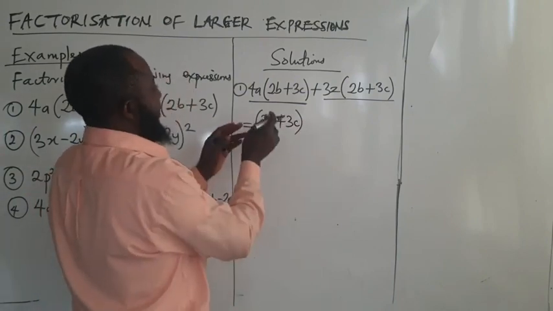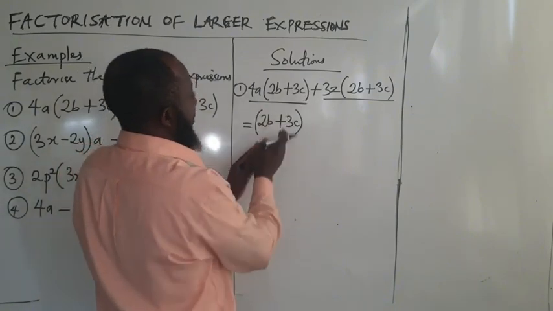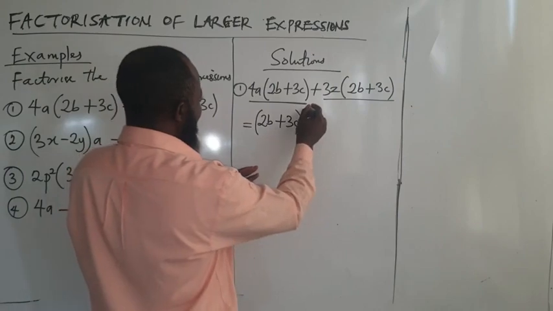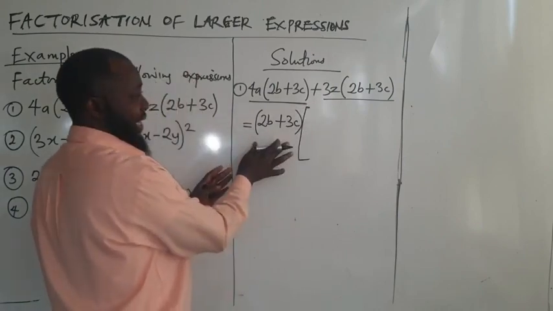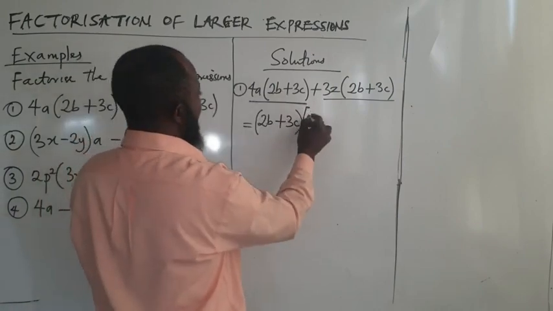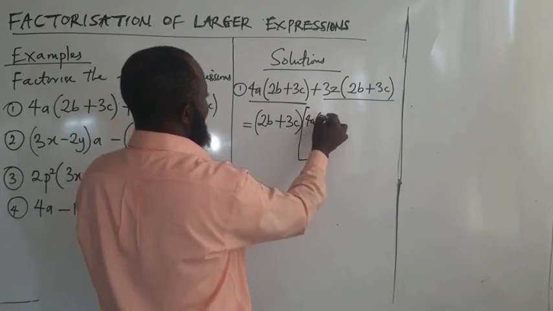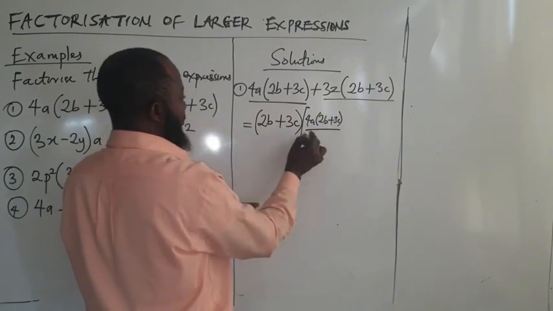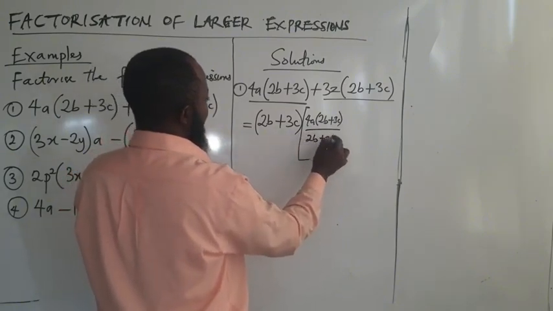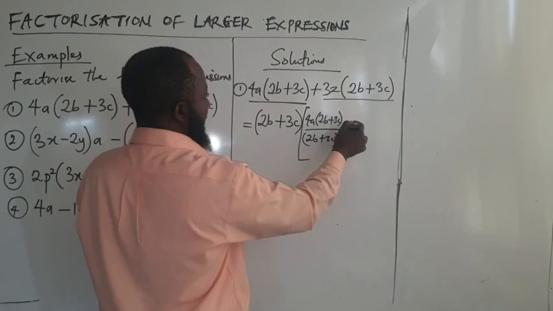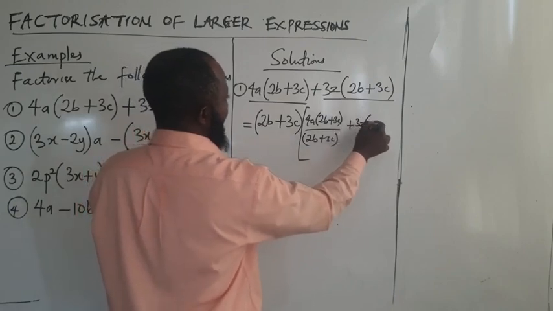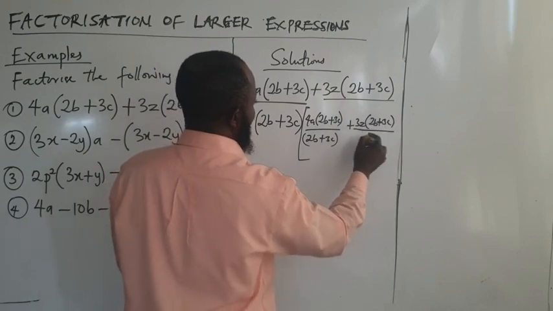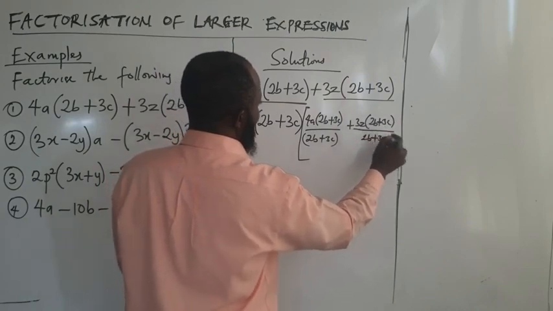Since we have brought out what is common to this term and this term, the next thing is this will then be our HCF. This 4a into bracket 2b plus 3c divided by the common 2b plus 3c, which is the common factor, plus 3z into bracket 2b plus 3c divided by what? 2b plus 3 what? c.